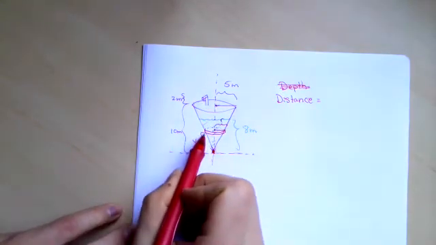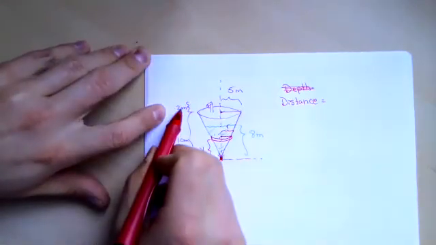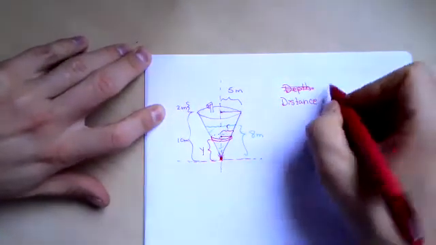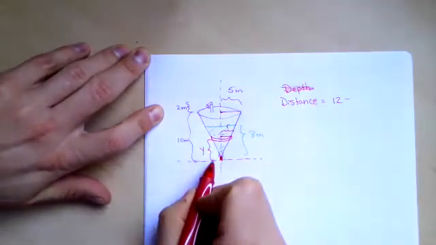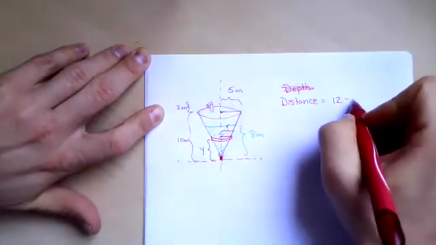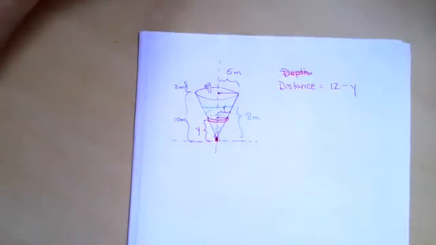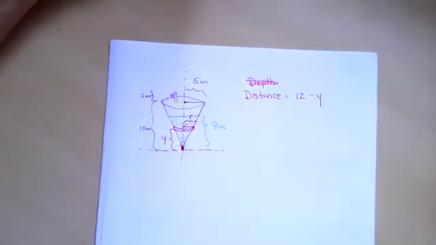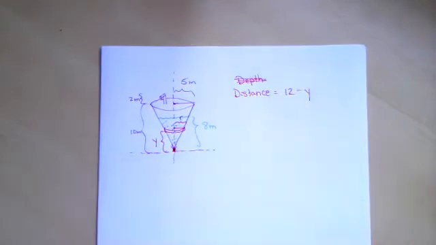The entire object has a height of 10 plus 2. It's going to be 12. It's the total distance minus however high that originally sat. So if it's sitting at a height of y, the distance we're moving it out is 12 minus y.